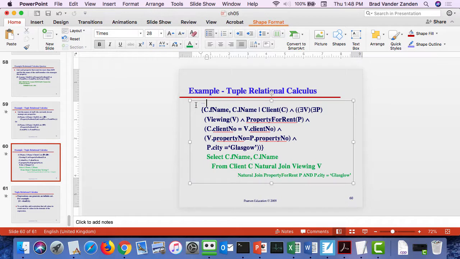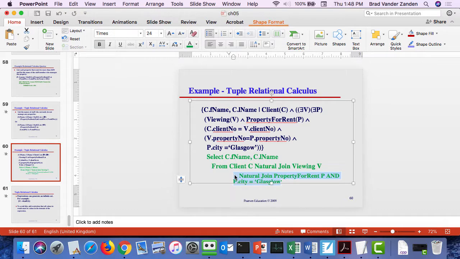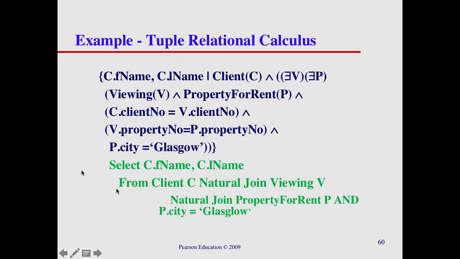I know this is kind of small, so I'll bring it up and make this bigger and put that up on the big screen. So that's the comparable query. Select c.name, c.lastname from client C, natural join viewing, natural join property for rent, and P.city equals Glasgow. Oh, I'm missing a where. Thank you.